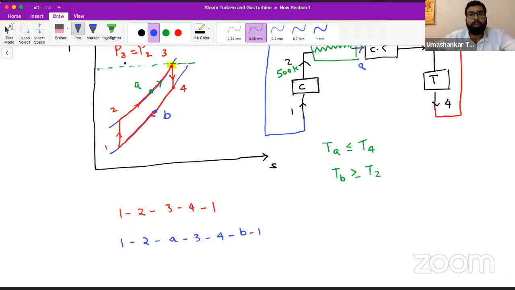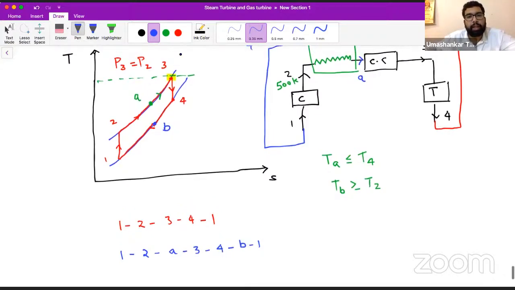So if you observe the heat addition in the ideal cycle, the without regeneration cycle, you will say, sir, the mean temperature of heat addition would be somewhere between 2 and 3. This black pen represents the TMA1 of the ideal cycle.